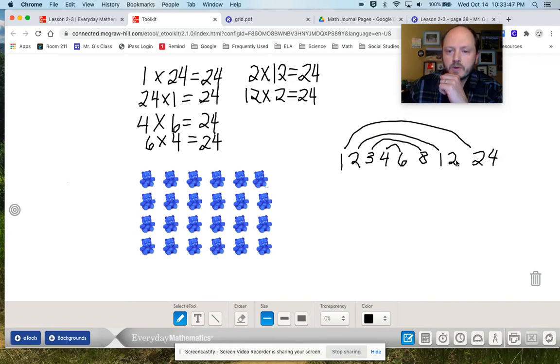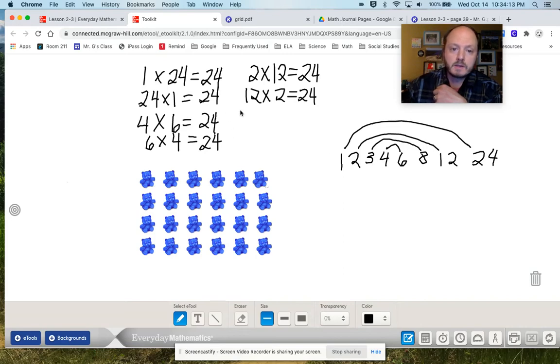And what I was drawing here, and it's not as pretty as say I was doing it on paper or on a whiteboard, is what I call a factor rainbow. And all these little lines show the pairs that match up with each other and the turnaround facts that kind of go with each other. They are pairs for that largest number, that 24. Okay, so they are factor pairs.